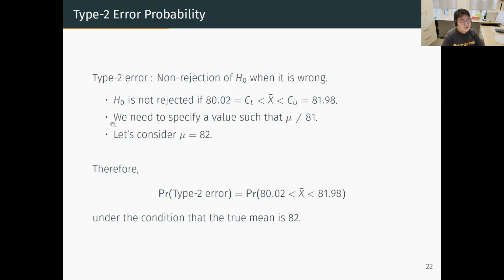Okay, then under this setup, we are going to calculate the probability of type 2 error, which is the probability that you do not reject. So X bar, the sample average, is within the acceptance region under the condition that the true mean is 82, right? This is our assumption.